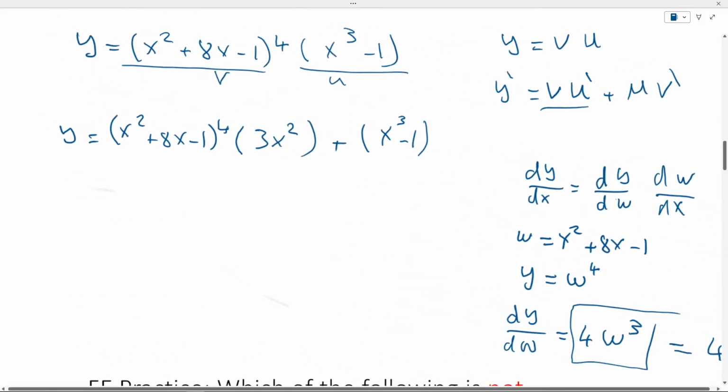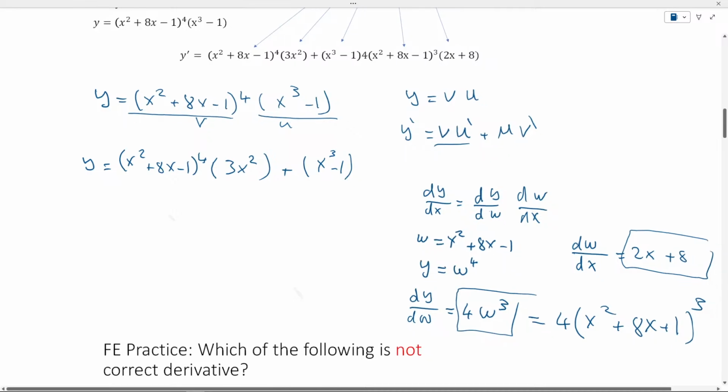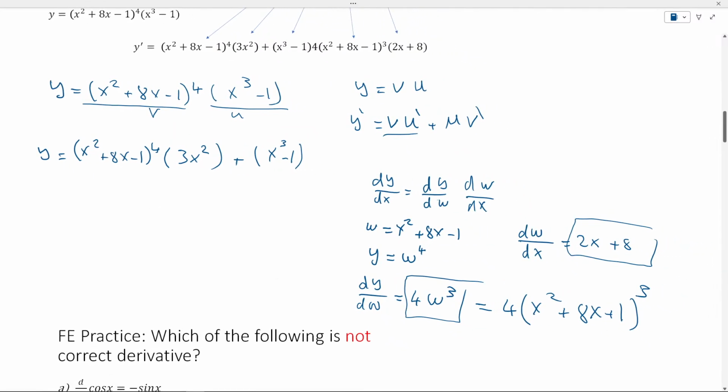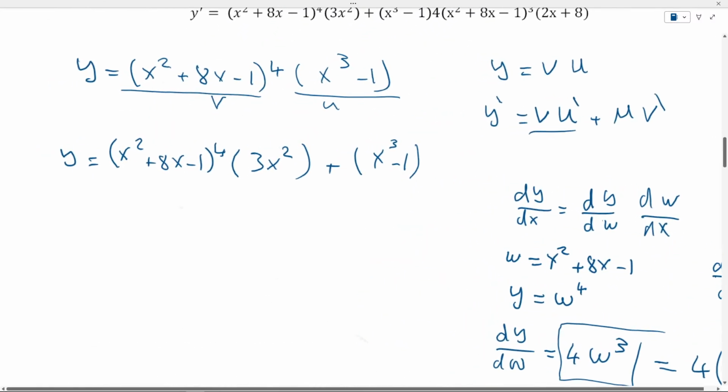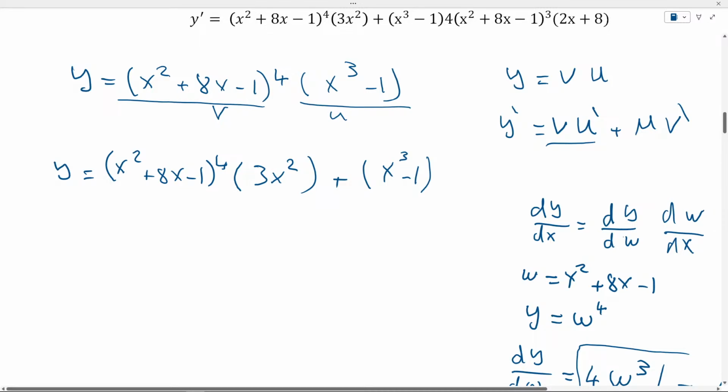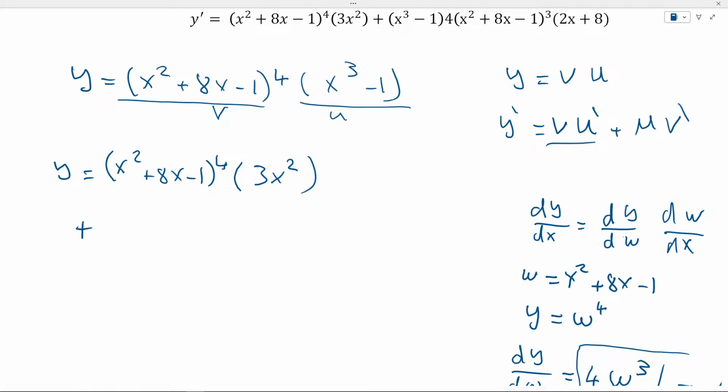Okay, and then you multiply it by this. Usually, when you get used to this problem and you see something like this, you don't even need to use the chain rule. Now I'm doing u v prime.